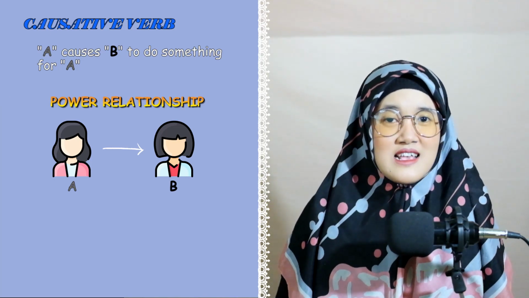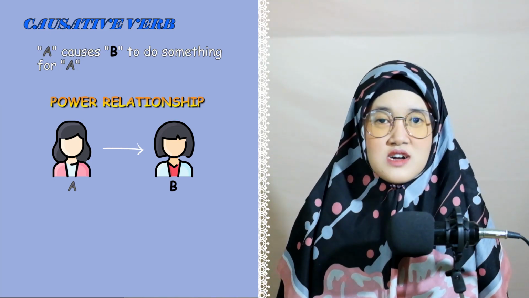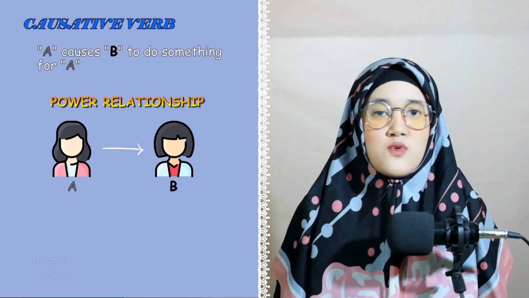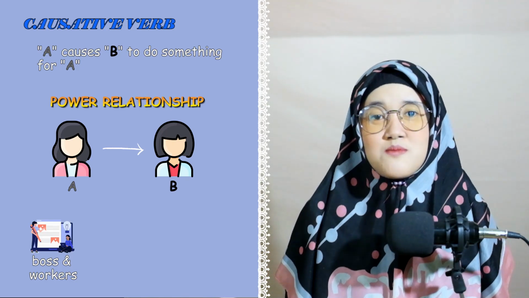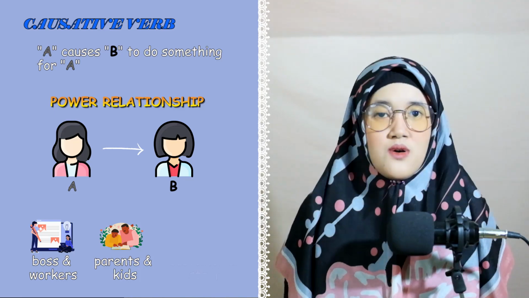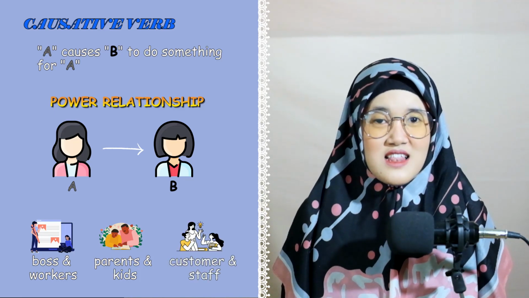One person has the power to change or command another person's actions, like workers will do what the boss says, kids listen to their parents, or a customer can tell staff what to do. One person can cause somebody to do something for him or her by asking, paying, requesting, or forcing the person.